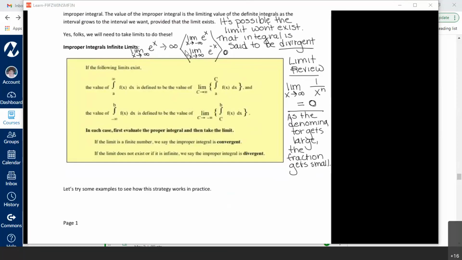In my experience, the one with the e to the x is confusing to a lot of people, so please make a note of it. If you've got negative stuff going on in the exponent, your e value is going to approach 0, regardless of how it gets there, with a limit.